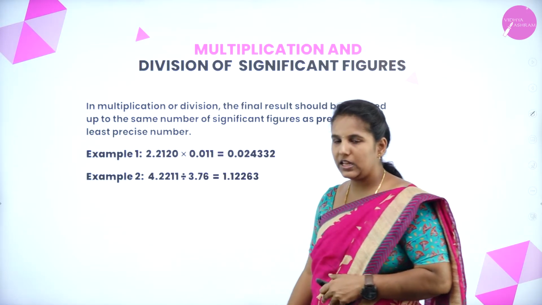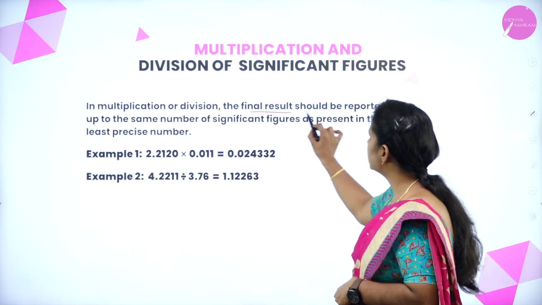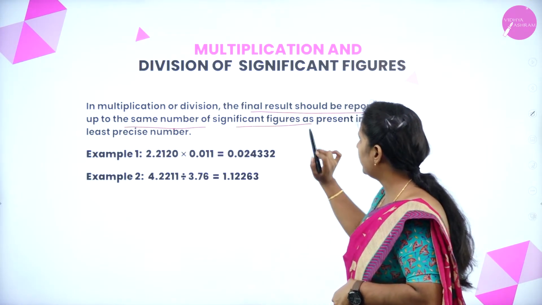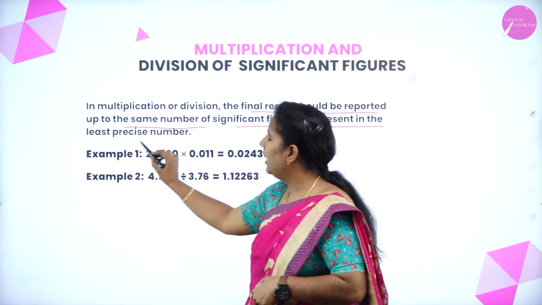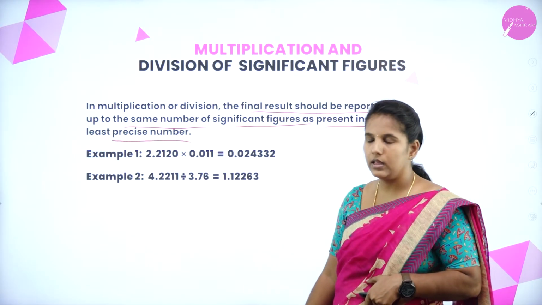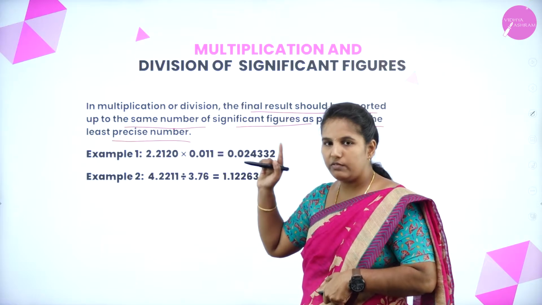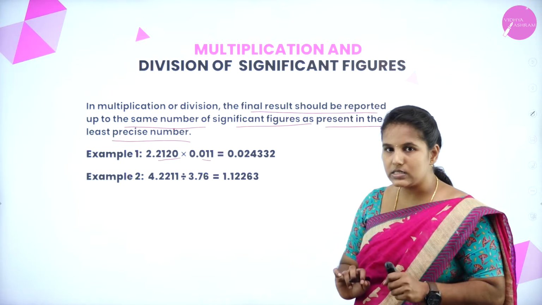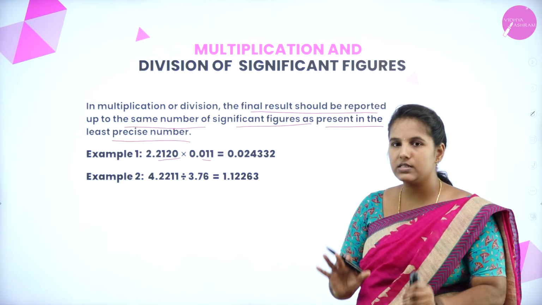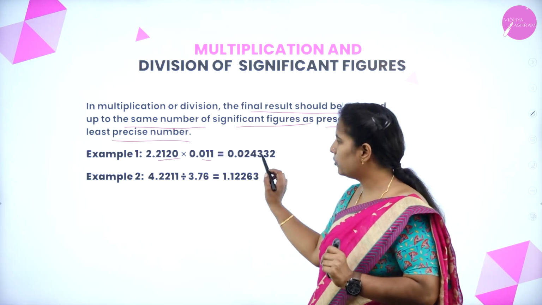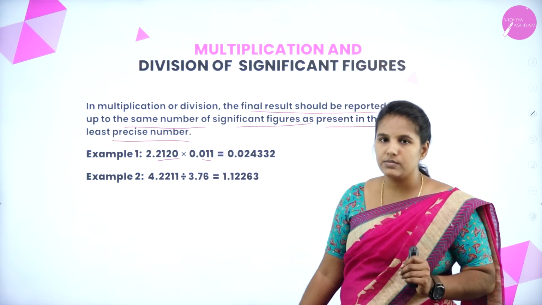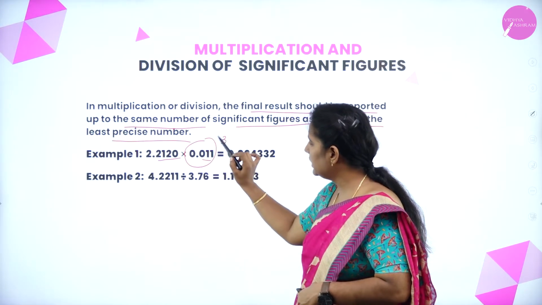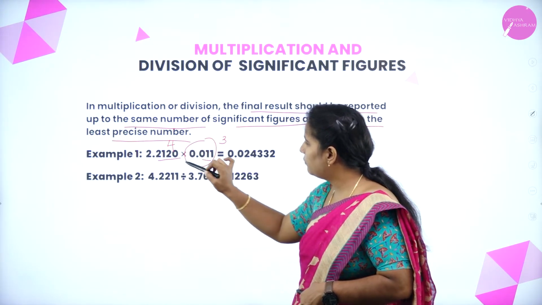Especially in multiplication and division, the final result should be reported to the same number of significant figures as are present in the least precise one. So while doing the multiplication, we have to see how many significant figures there are. Here one number has 3 significant figures and the other has 4 significant figures.